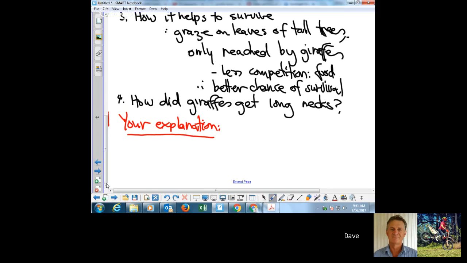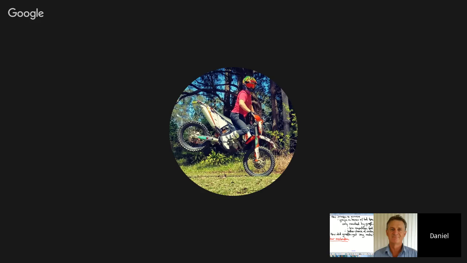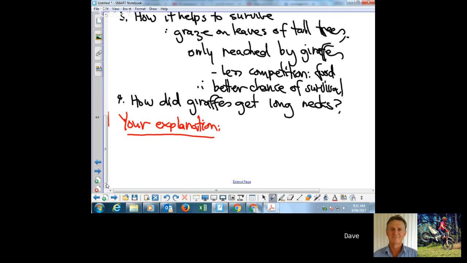All right. So let's say a giraffe that's been stretching its neck all its life, and then has offspring. Does it then pass that long neck onto its offspring? Yeah, that does. Okay. And so that offspring may have a long neck, and then if it's stretching all the time, when it grows up it will have a strong and long neck.